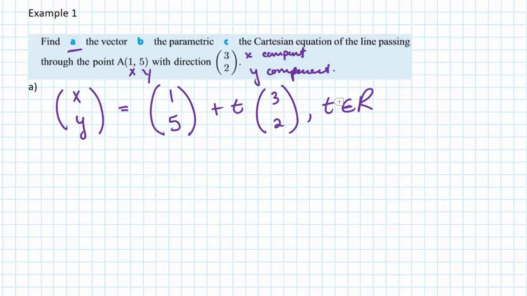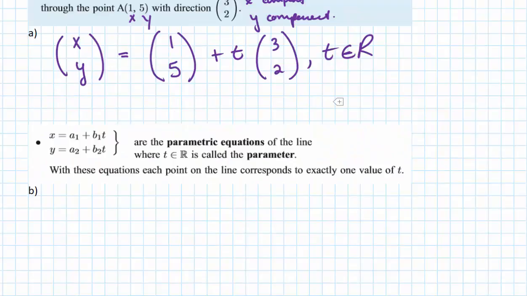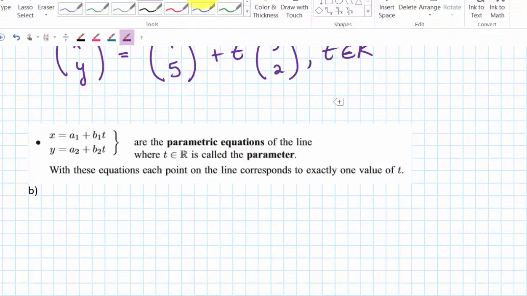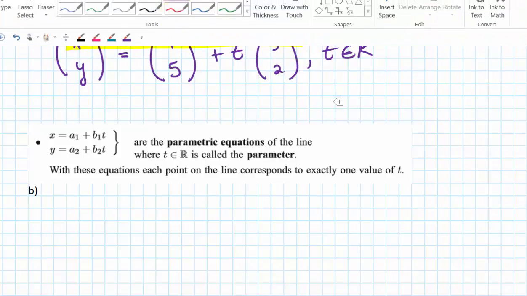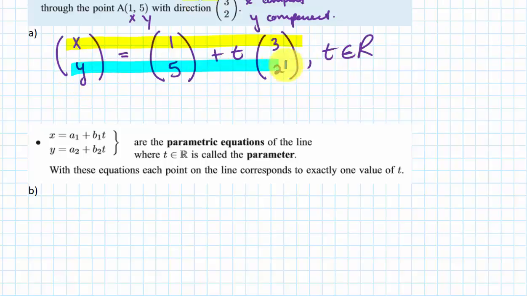Just like what we've seen before, if we wanted to, we could set up two equations by following the horizontal and putting that together as an equation and the vertical. When we actually separate them into the horizontal and vertical components, we can call those parametric equations. I'm just going to highlight those so you can see them separately.